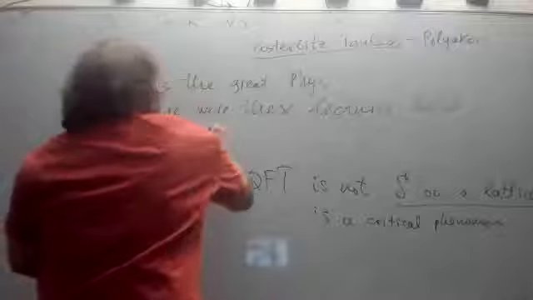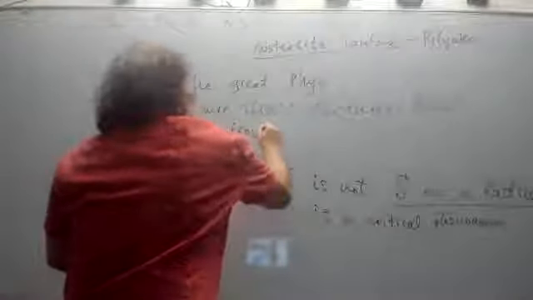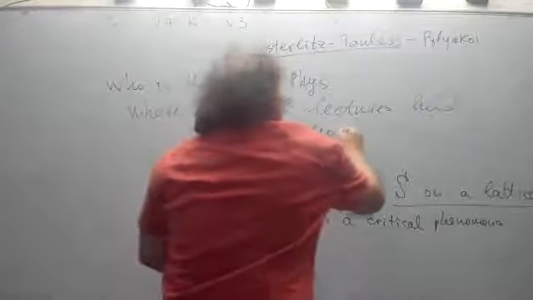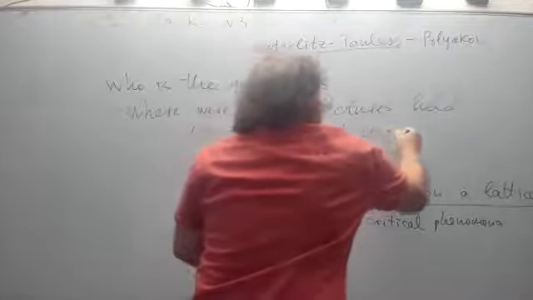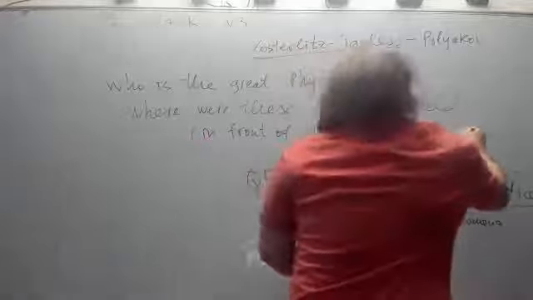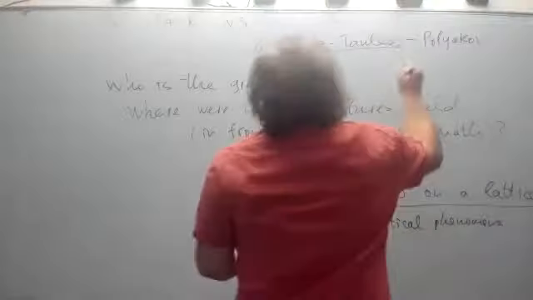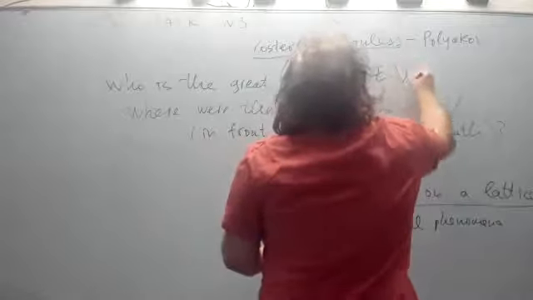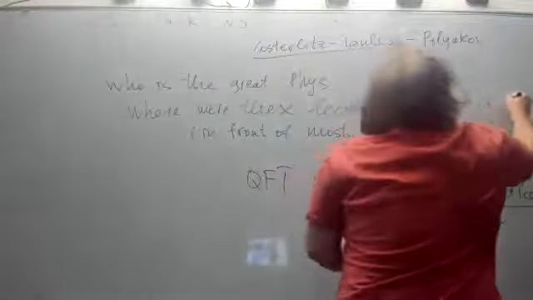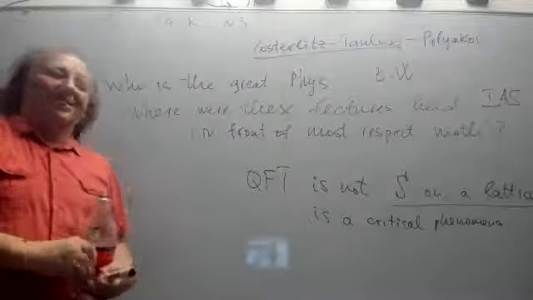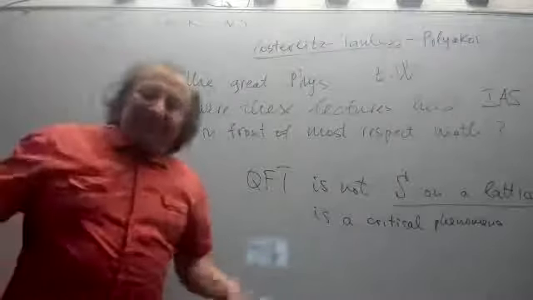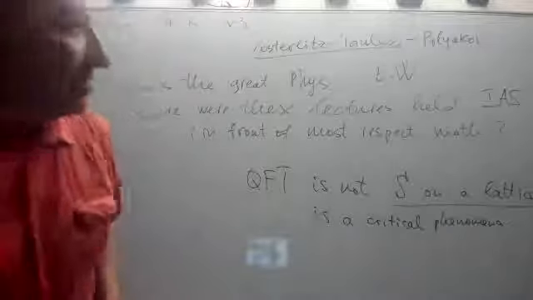As I say, in front of mathematicians, in front of the most respectful mathematicians. That's Edward Witten. Yeah. Good. Edward Witten. Now, what is the place? IAS. Of course, Princeton. Yes, I was there. You see, it's because you are from Princeton.